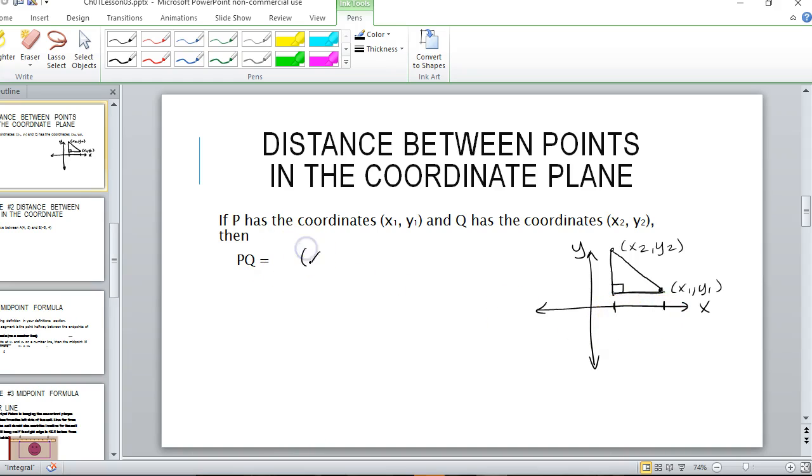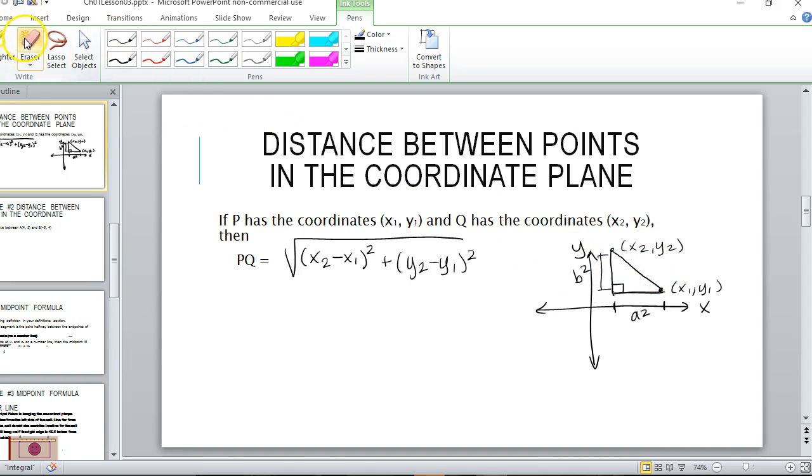So I'm going to find x2 minus x1 squared plus this distance right here, y2 minus y1 squared, and I want the square root of that. Again, that comes from the Pythagorean theorem, which says a squared plus b squared equals c squared.